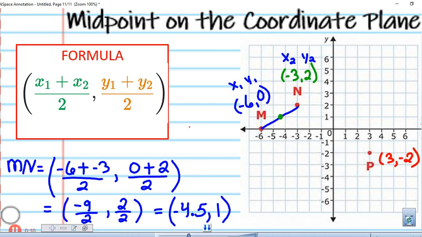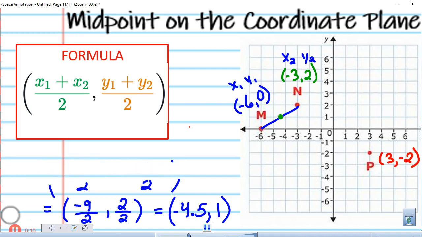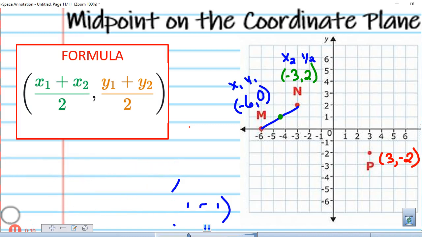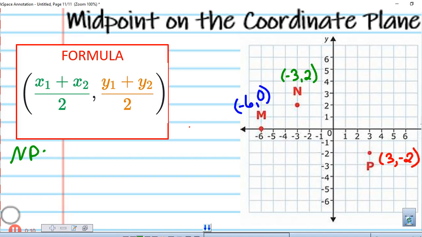Okay, let's do another example. Okay, let's find the midpoint from NP. So if I have a line from N to P, I want to find the midpoint of that line.